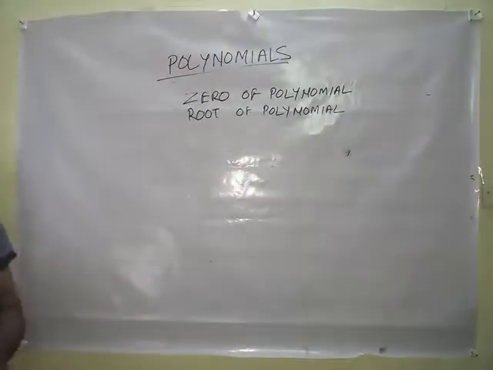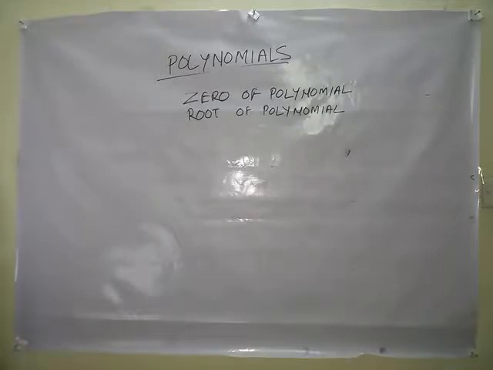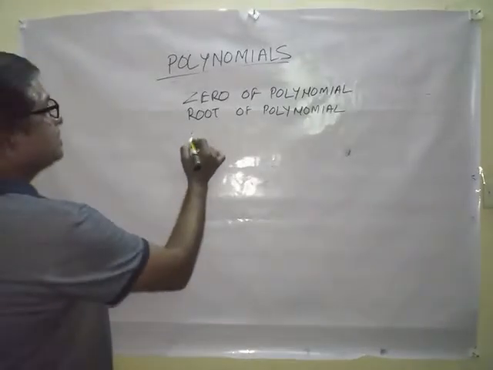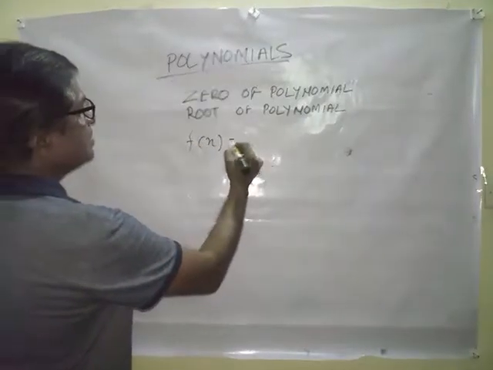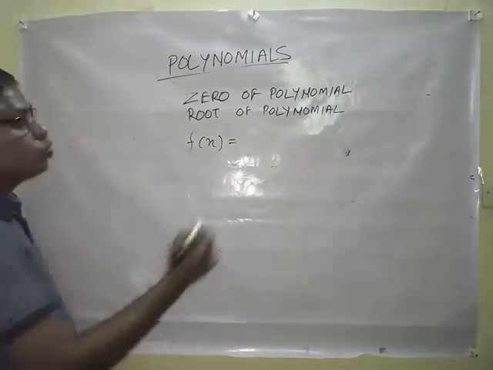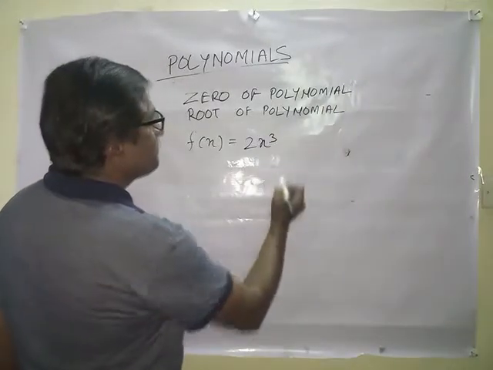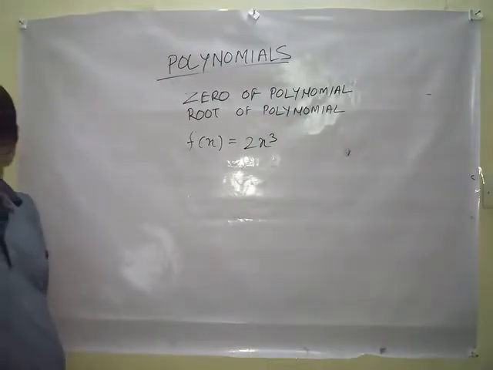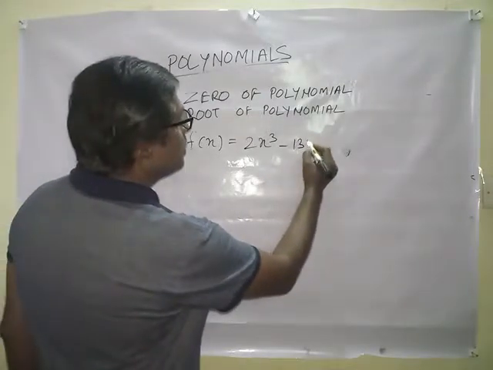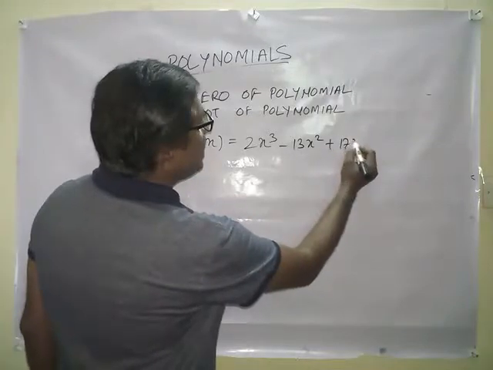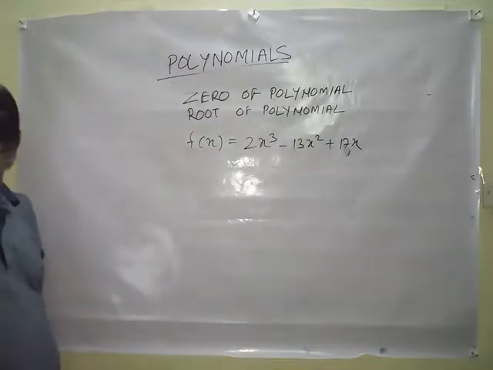Time to see some examples. There may be an example coming like say f(x) is equal to 2x cube minus 13x square plus 17x plus 12.